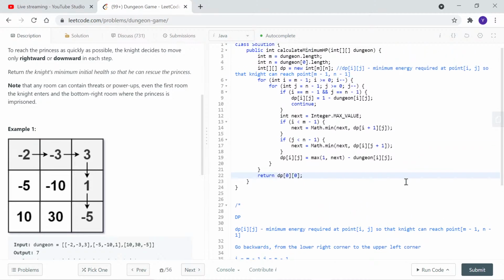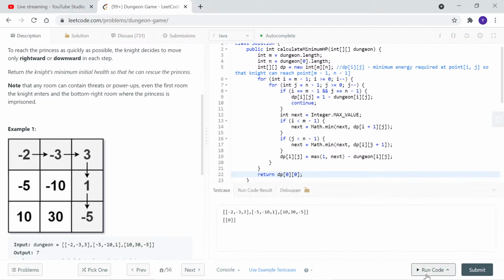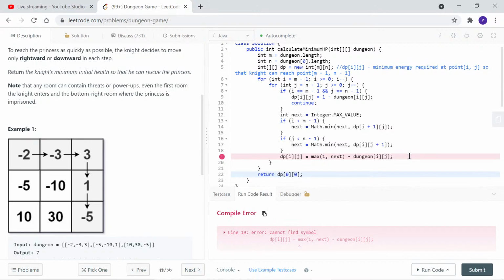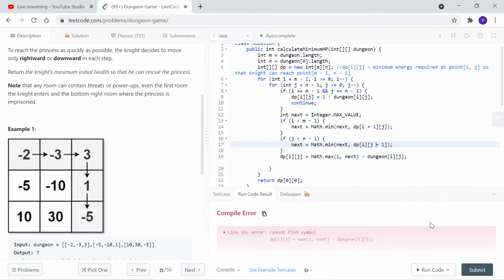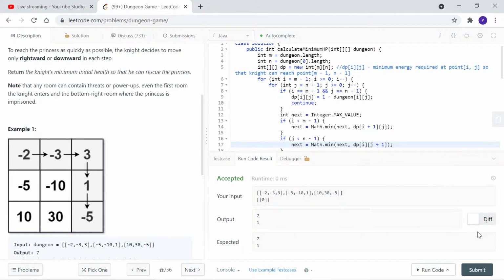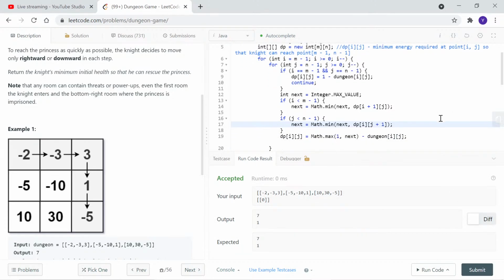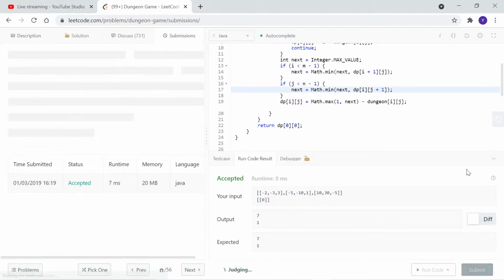Yeah, so this is the entire code, I think. Let's check if it's working. Oh yeah, it should be math dot max. Okay, so it's correct for both the examples, and let's run it.